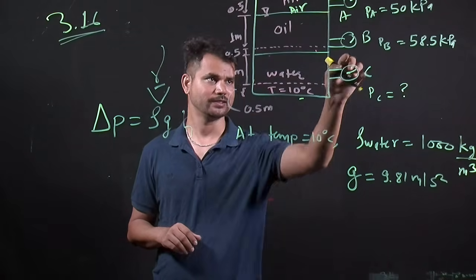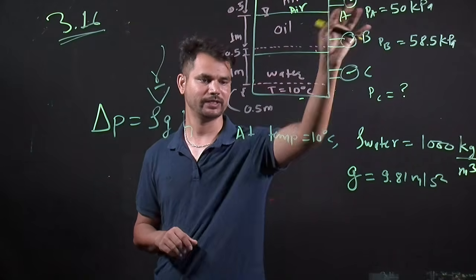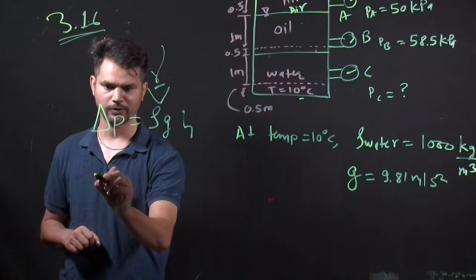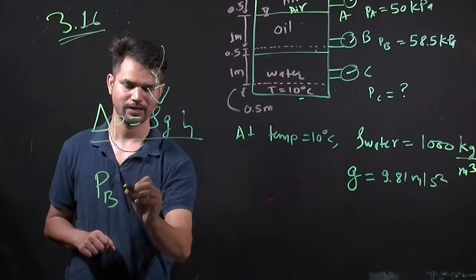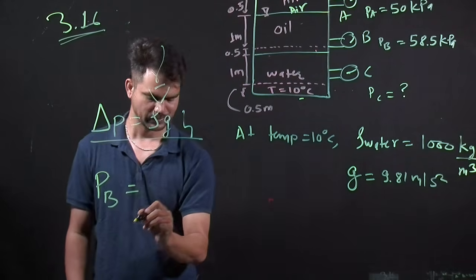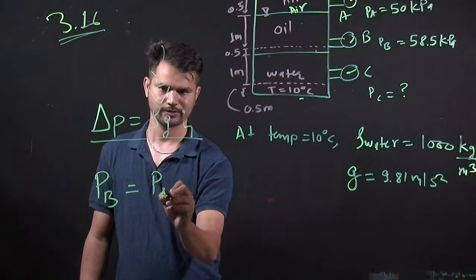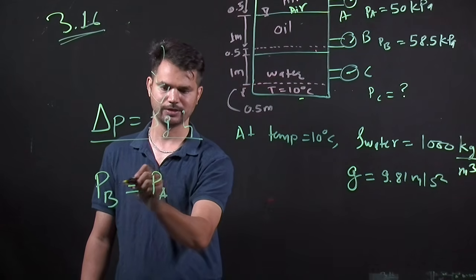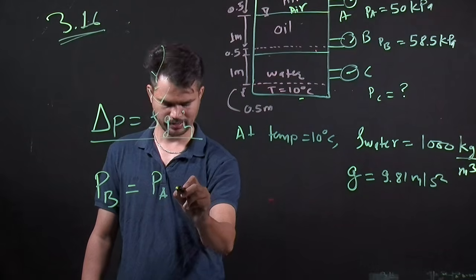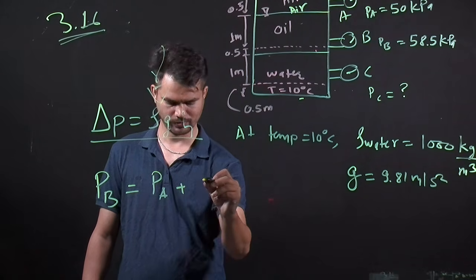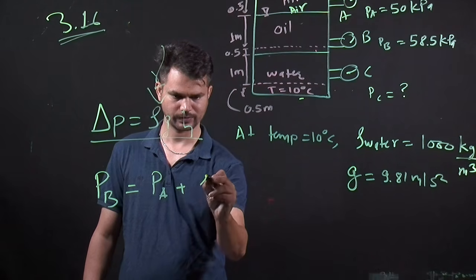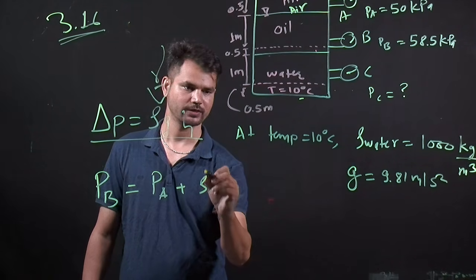So between point B and point A, we will use this formula. PB is equal to PA, so it's the difference between PB and PA plus rho G, where rho is the density.